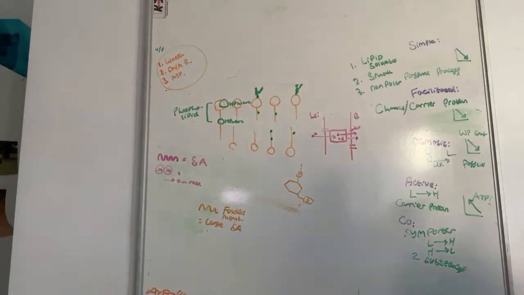Draw phospholipids on figure 2 to show how a carrier protein would fit into the cell's surface membrane. What the actual hell? That's a carrier protein? Draw phospholipids to show how the carrier protein would fit into the cell's surface membrane.